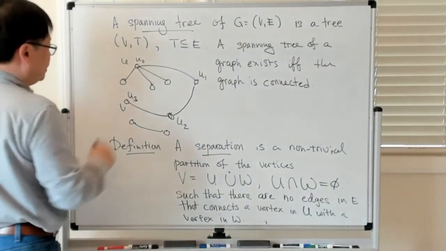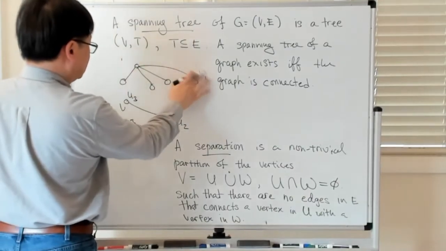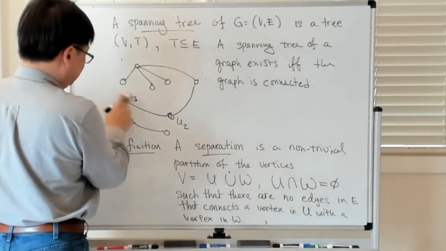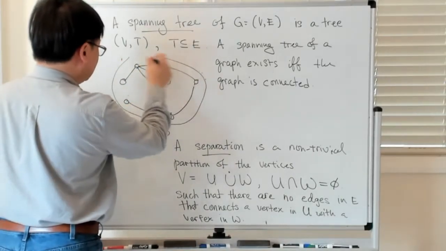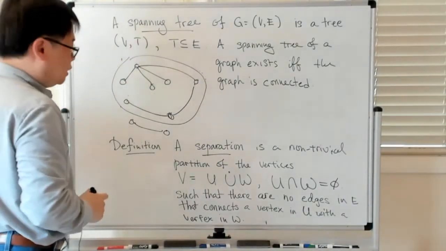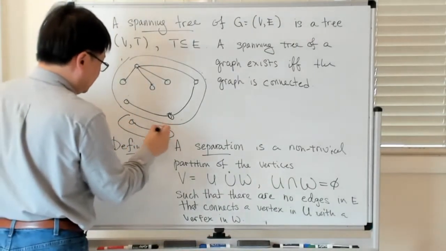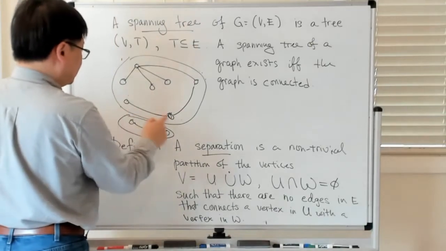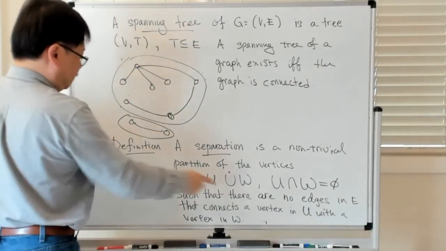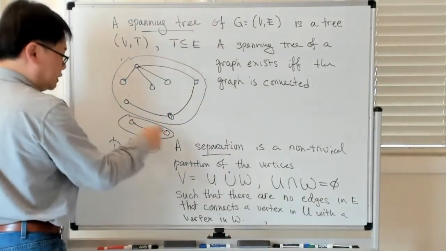So in this picture here, right, let's just get rid of all the labels. In this picture here, this piece would be one component, and this piece would be another component. And if you let U be the set of vertices which are in this piece, and W be the set of vertices which are in this piece, right?